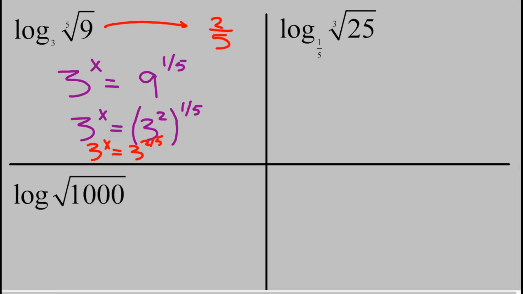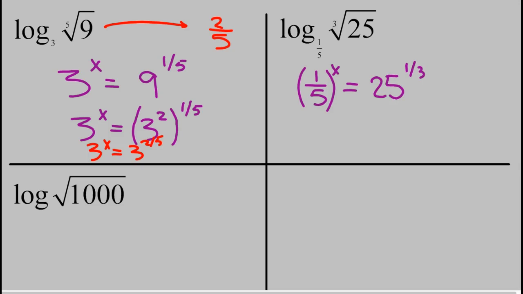I'm going to pause. Let's see if you can do the next one. Gave you a little head start there, and let's see if you got this right. So we got 1/5 to the unknown power x is equal to 25 to the 1/3 power.